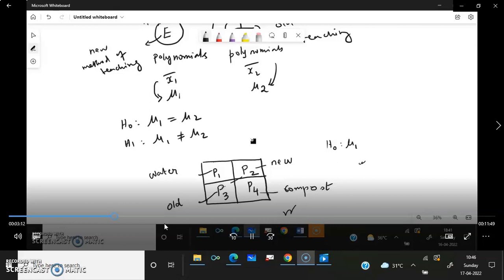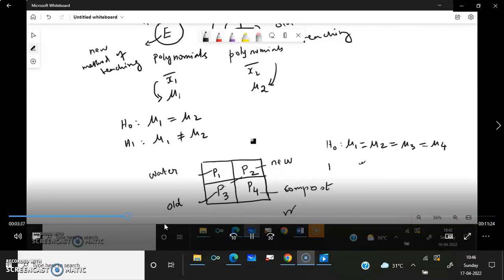Because for every t-test we are fixing, for example, a 95% level of significance, then 5% is a doubt. So if you conduct a t-test for P1, P2, there is a 5% doubt. For P2, P3 again 5% doubt, and for P3, P4 again 5% doubt. In this way, alpha inflation takes place.